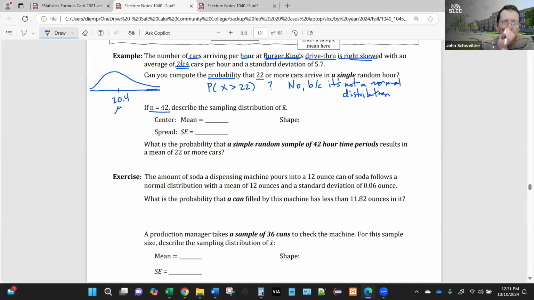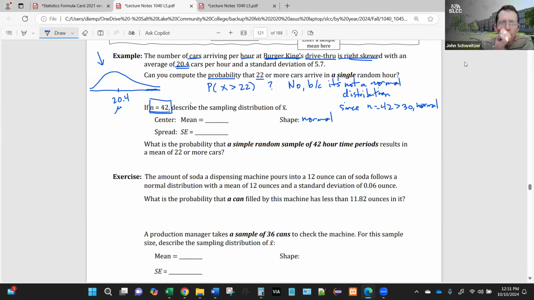Is the parent population normal? No, it's right skewed. But it doesn't matter because the sample size is large. Since n equals 42 is more than 30, the central limit theorem guarantees that we'll have a normal distribution, or at least approximately normal. So the shape will be normal.